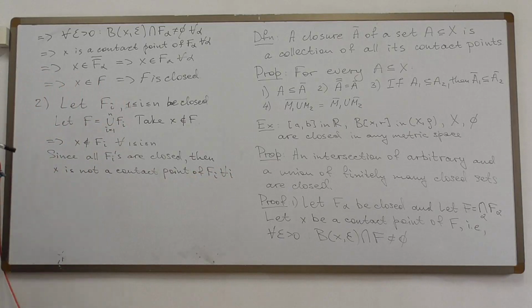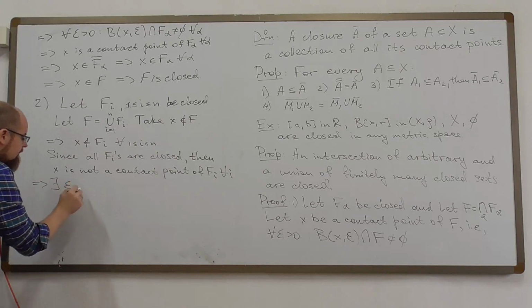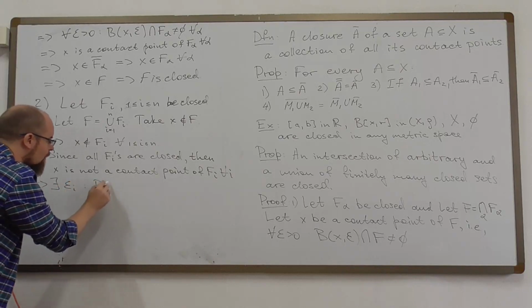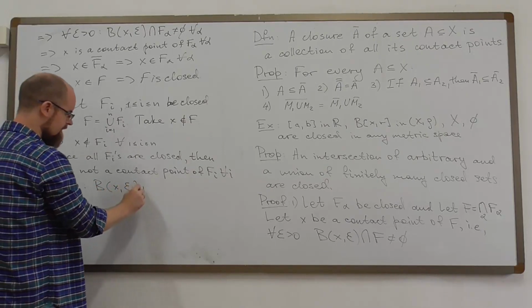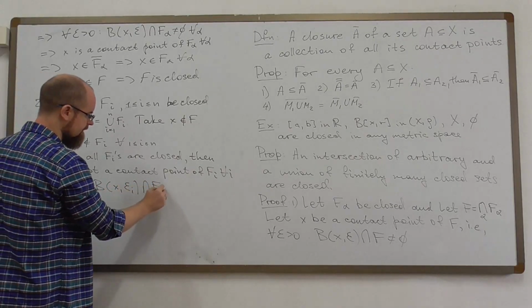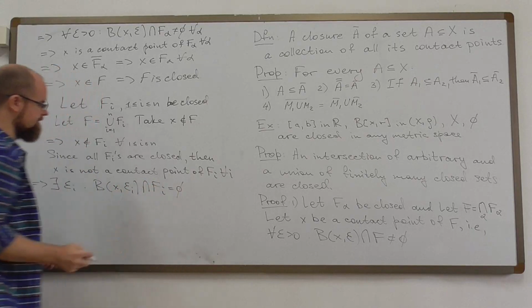Which means, by the definition of contact point, that there exists epsilon i such that the ball centered at X with radius epsilon i does not intersect Fi.